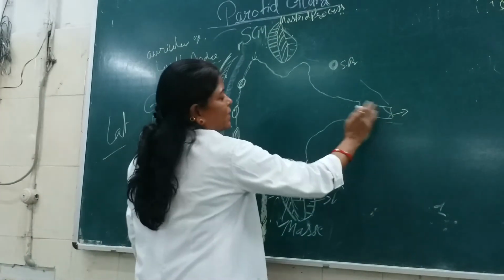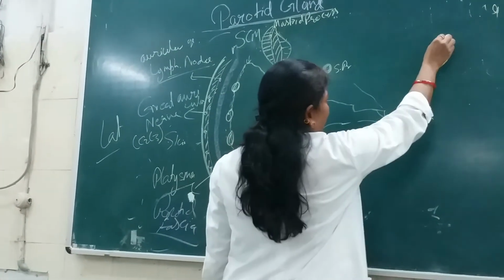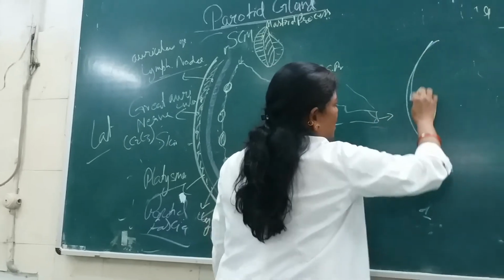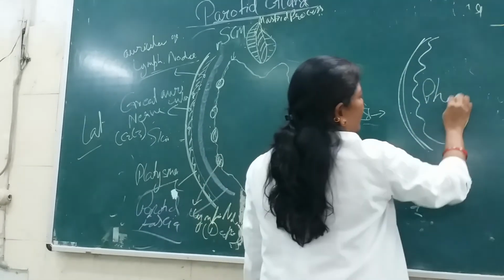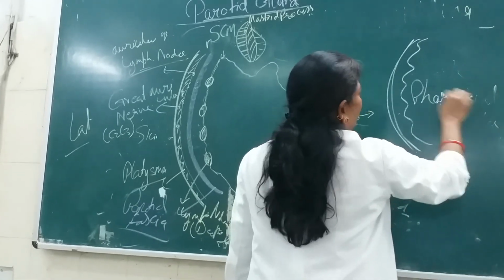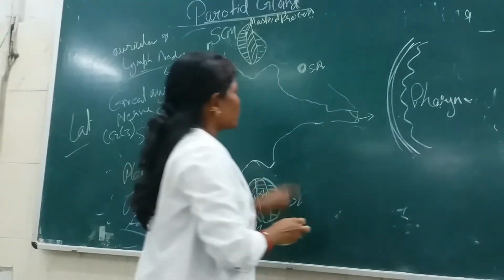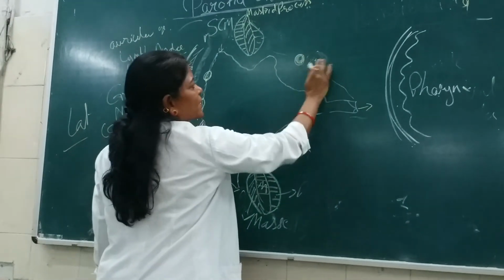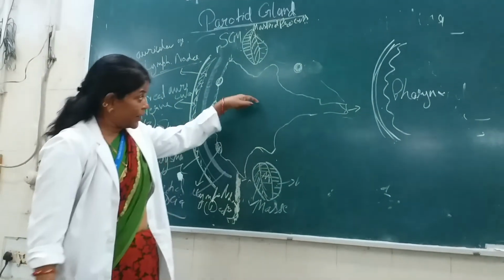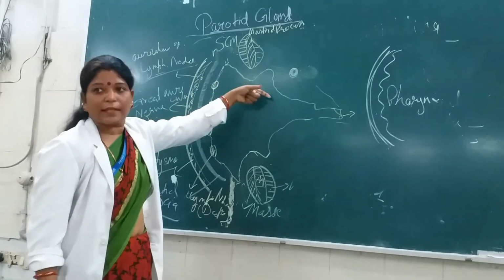This is the medial aspect, the wall of the pharynx. This is the pharynx here. So on this styloid process, three muscles are attached which are in relation with the posteromedial surface.